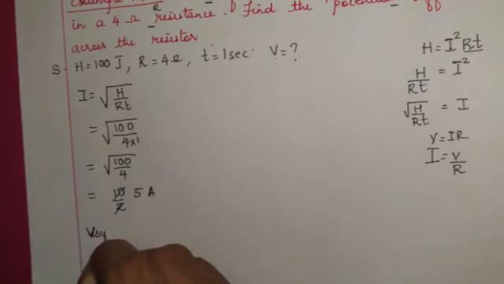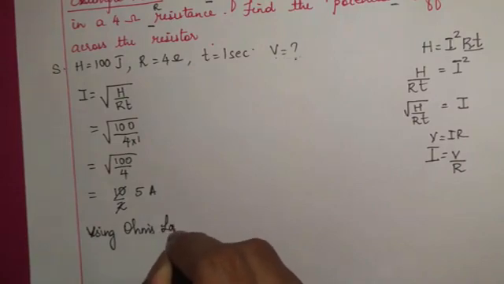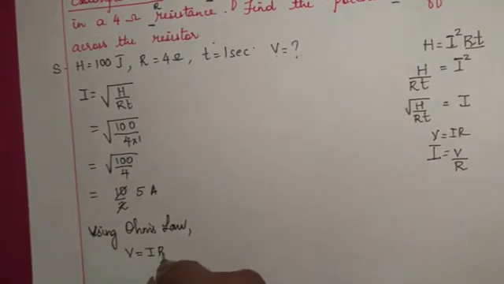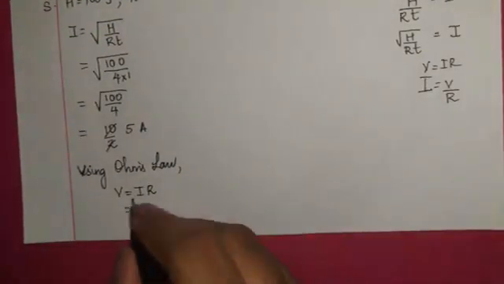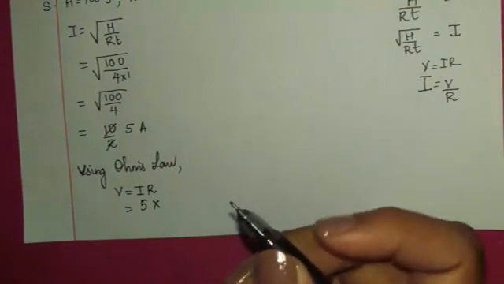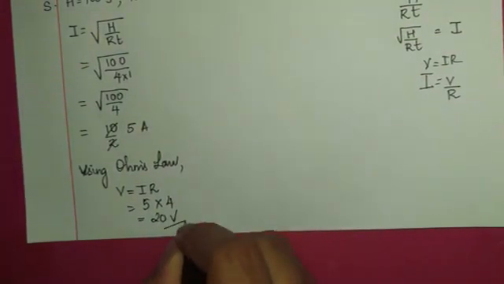So using Ohm's law, we get V is equal to IR, and V we don't know yet, so I is 5 and the resistance is 4. Here you will get 20 volts.